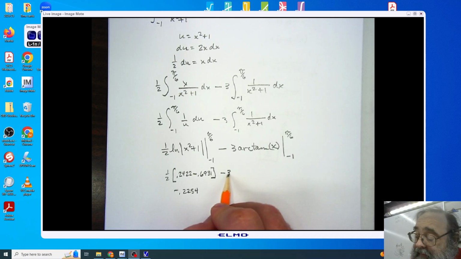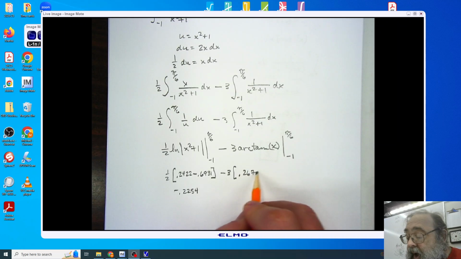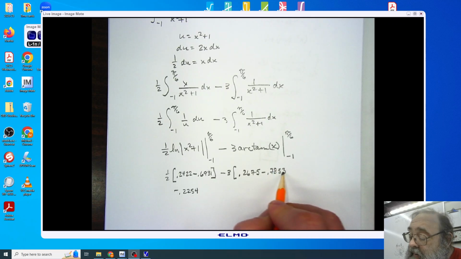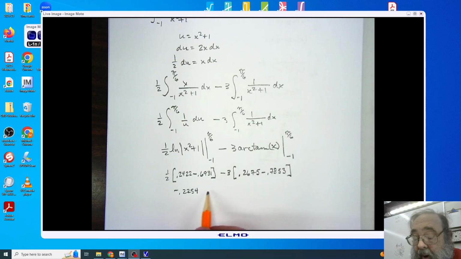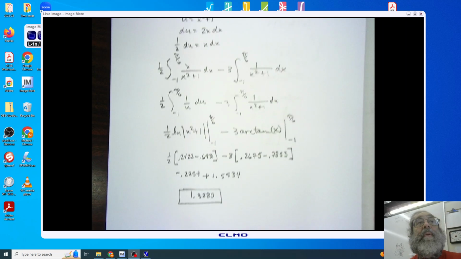Subtracting, I have 3 times, and I got 0.2675 minus 0.7853. Subtracting and multiplying by 2 left me with a positive 1.5534, and I simplified to be 1.3280. And there is my answer for number 13.